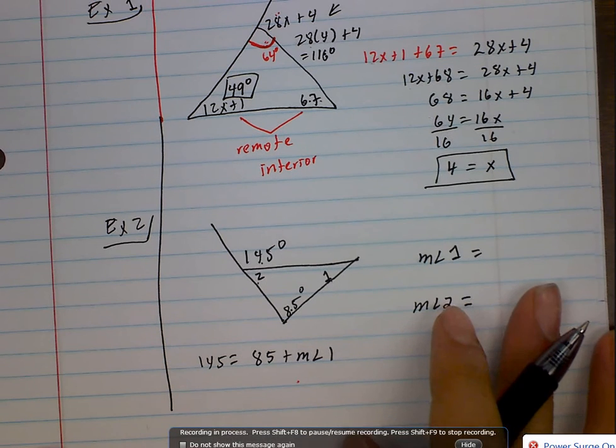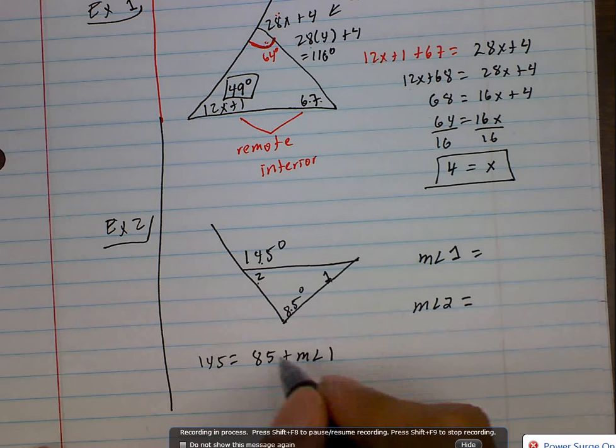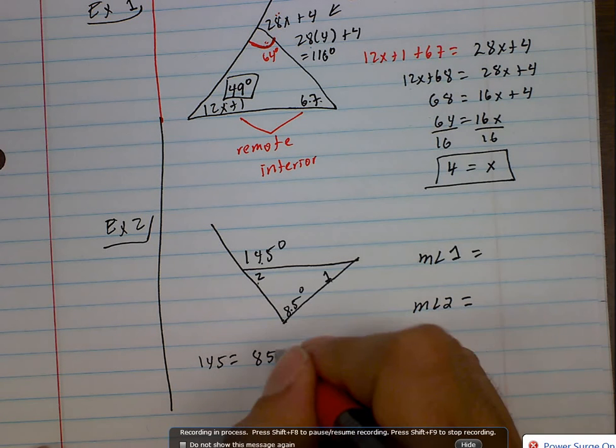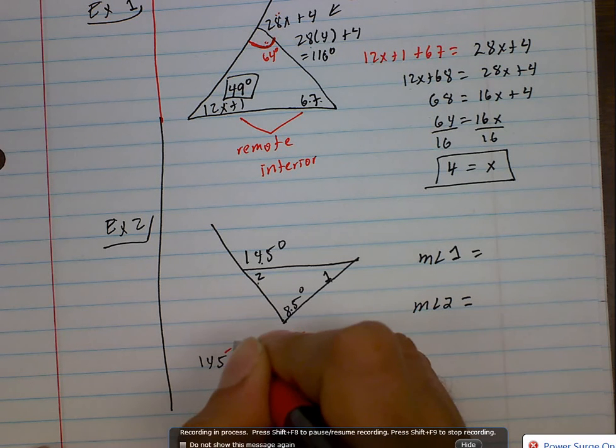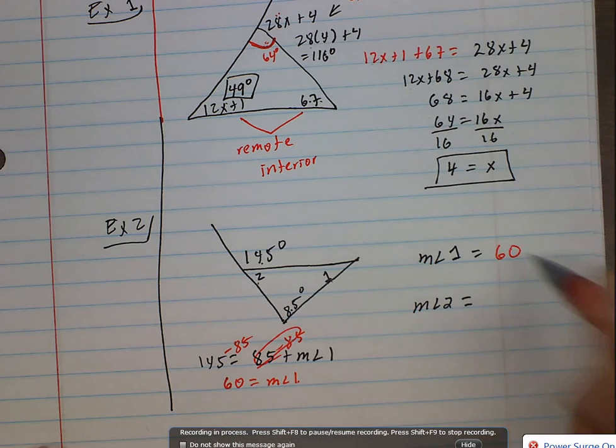Okay, so all I have to do is subtract 85 from 145. So 145 minus 85 is 60, so measure of angle 1 is equal to 60 degrees.